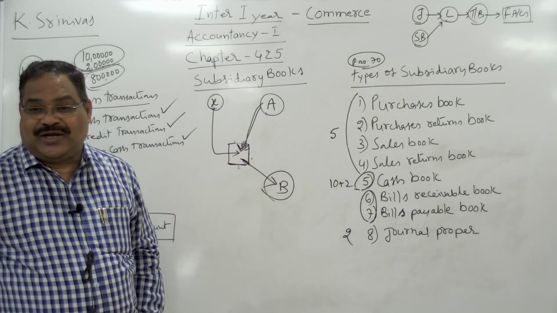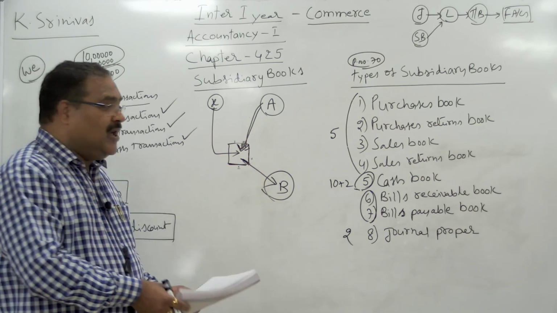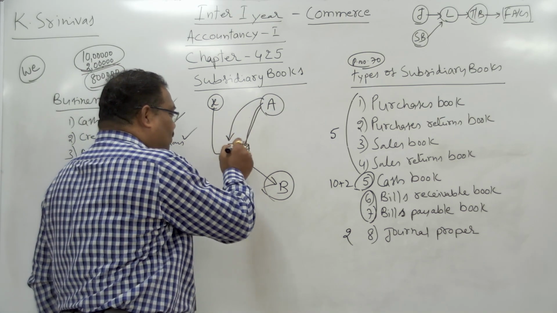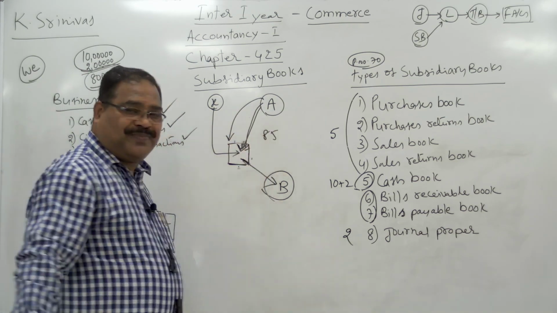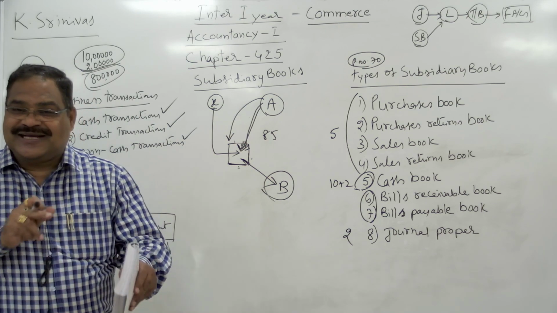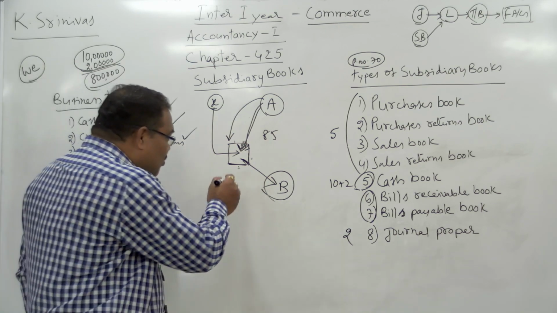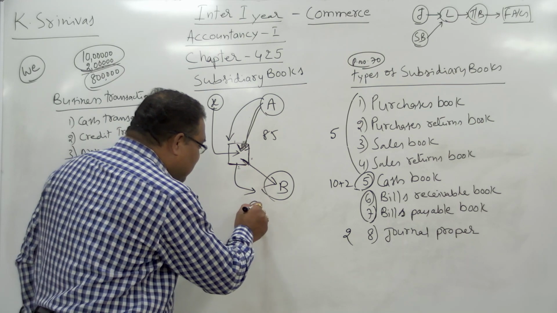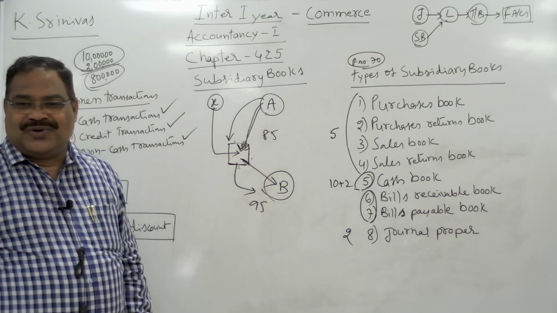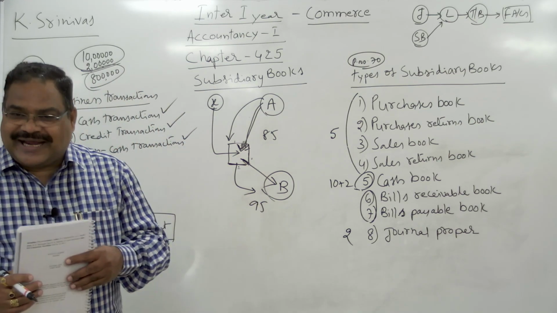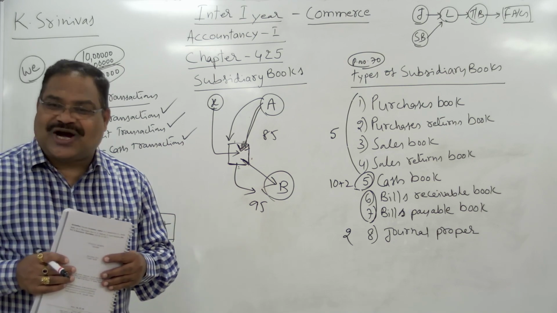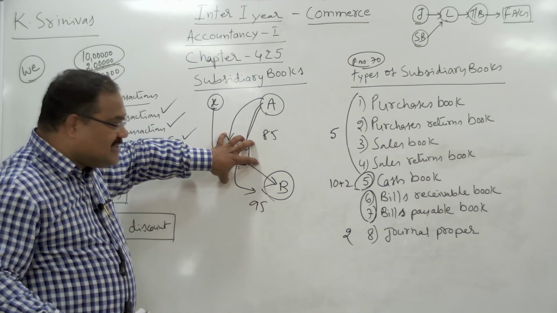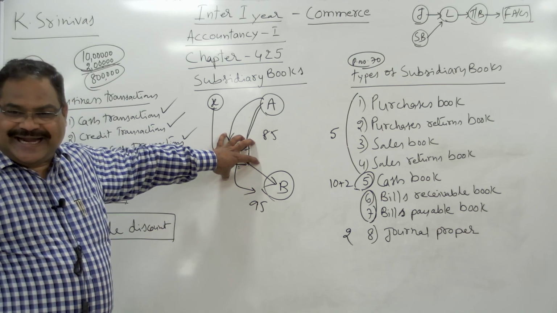So what I mean to tell you is, when we are buying this book, we are going to buy it for only rupees 85. But the MRP is 95. We are going to sell this article for rupees 95. So 10 rupees is the trade discount. Trade discount is the profit for the traders.